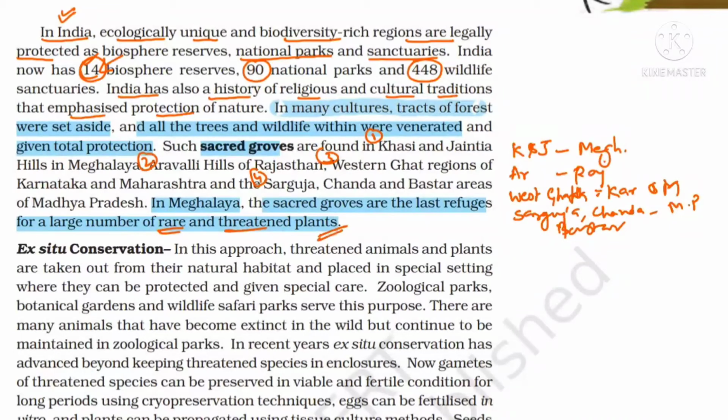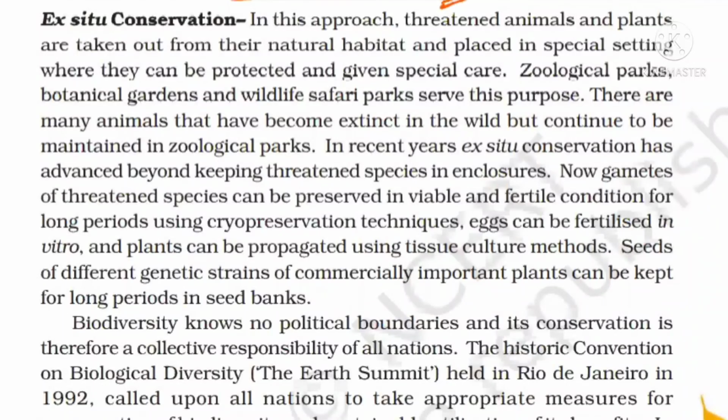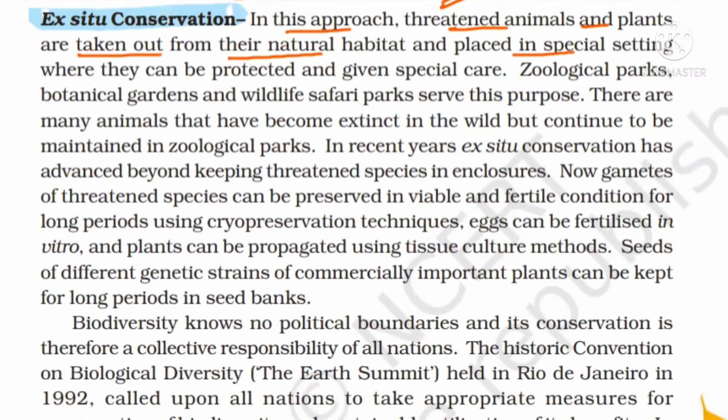Now let me explain to you ex situ. Now see beta, ex situ conservation strategy. In this approach, threatened animals and plants are taken out from their natural habitat and kept in a special setting where they are protected and given special care. So number one, we discuss zoological park, botanical gardens, wildlife safari parks.